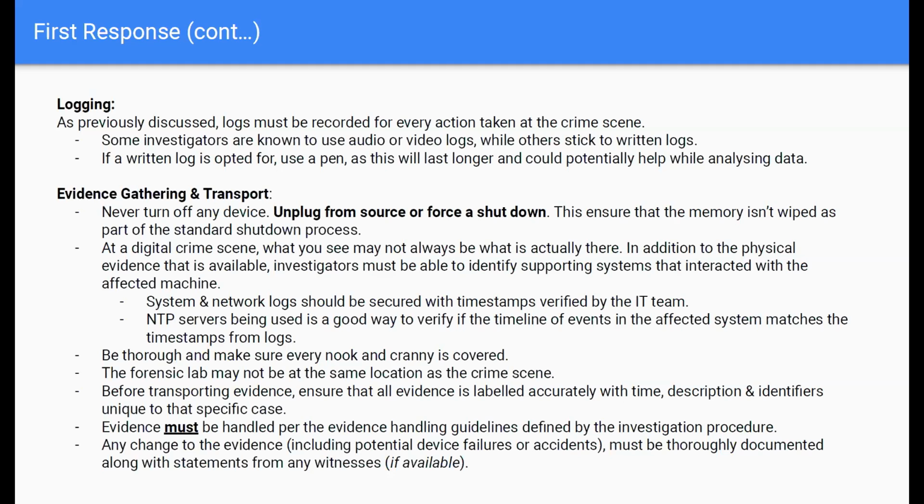But if you just pull the plug, then the memory stays there for a while, and it's usually cleared the next time the system boots up. So that gives you a chance to do a quick memory dump of whatever is in the memory, or just get a frozen point in time of the hard disk.